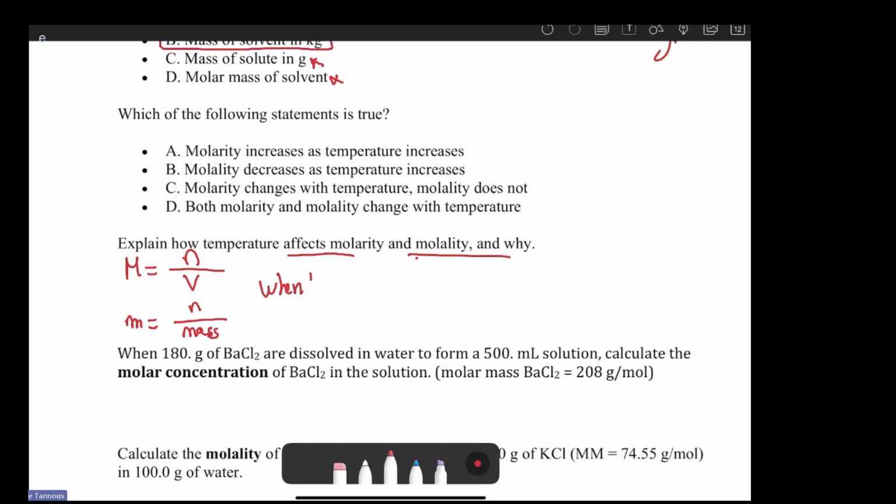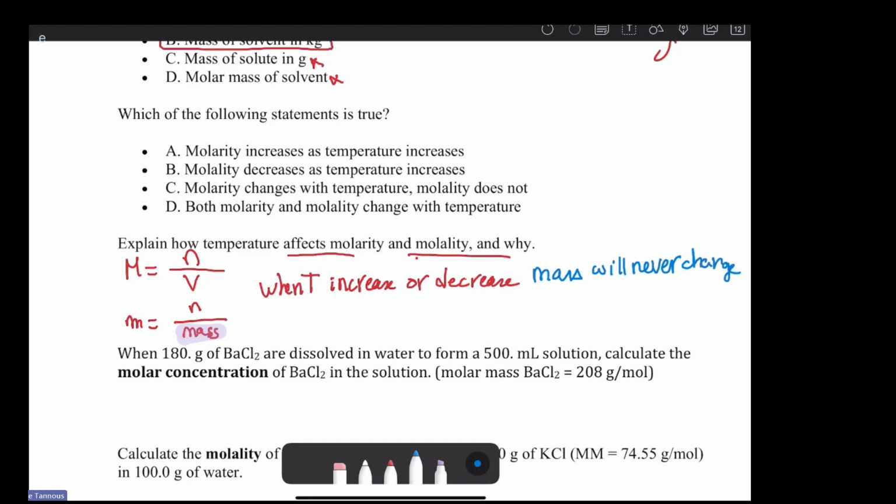When temperature increases or decreases, mass can never change. It will not increase or decrease the mass because mass is the amount of matter contained in a substance. So when temperature increases or decreases, mass will never change.